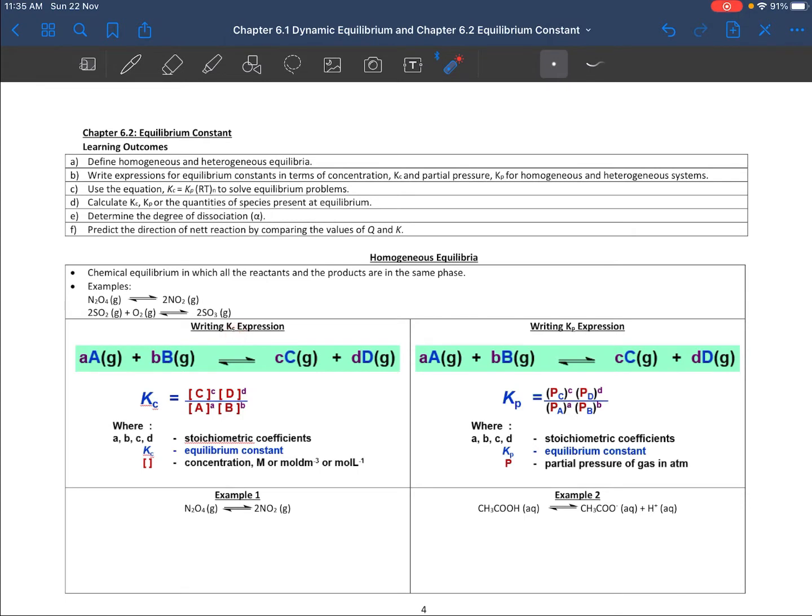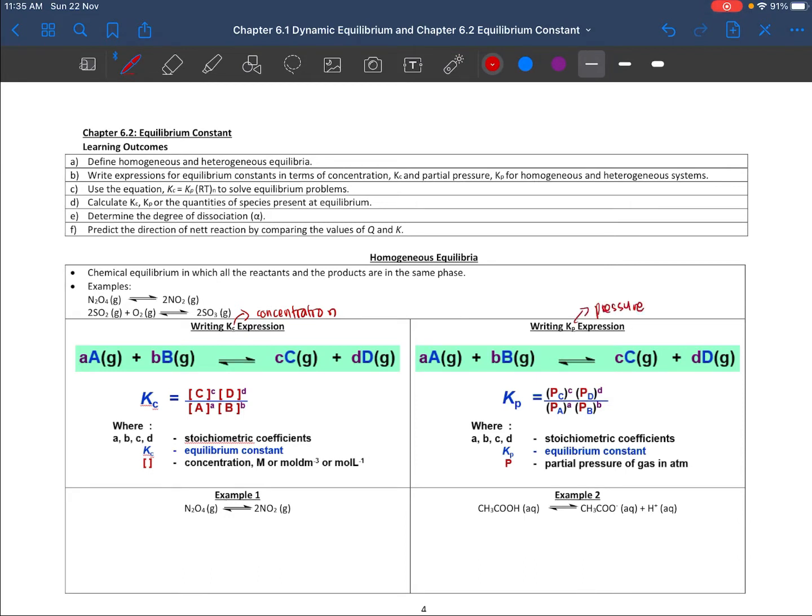C ni adalah concentration. Small letter C tu adalah concentration. That means kamu kena tulis equilibrium constant dalam bentuk concentration, and then K ni equilibrium constant, P ni adalah pressure.